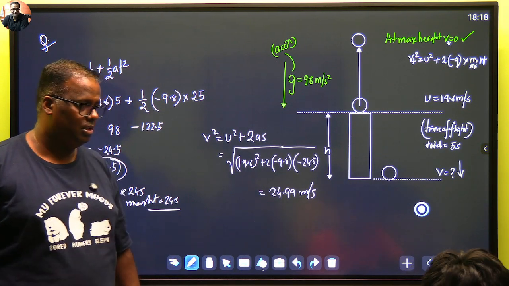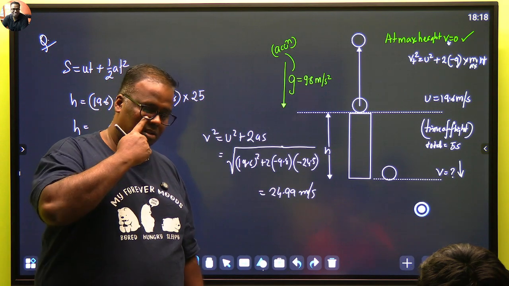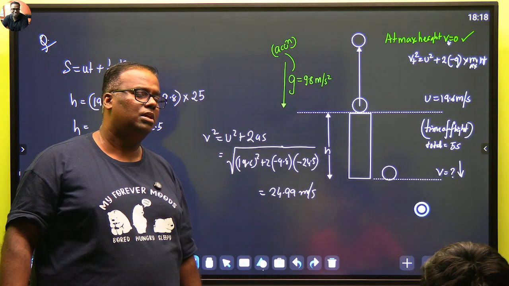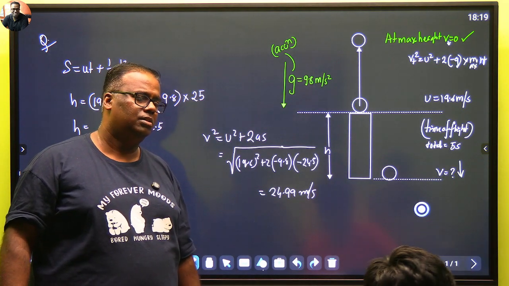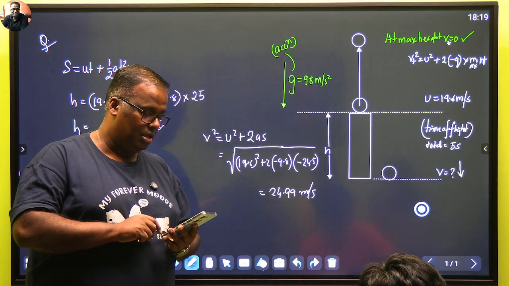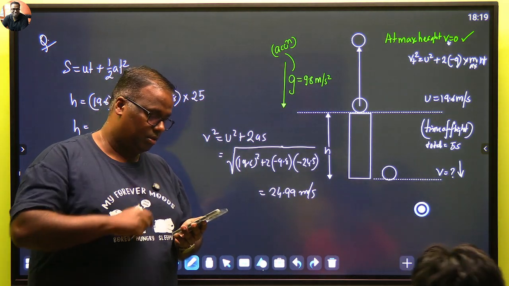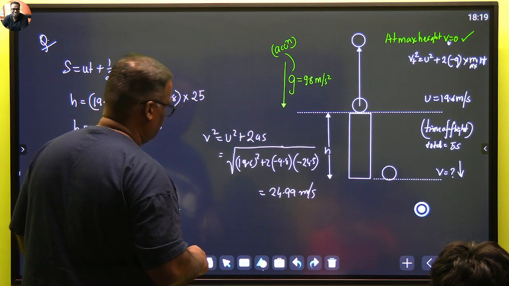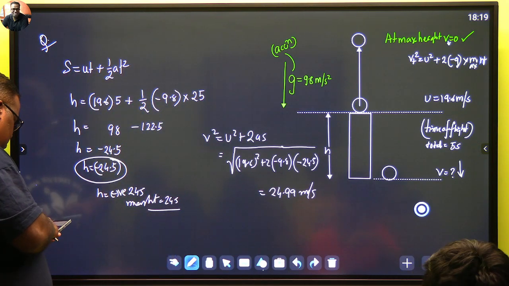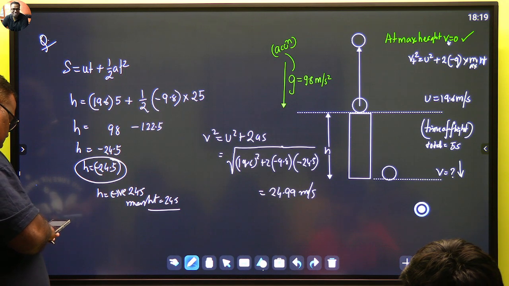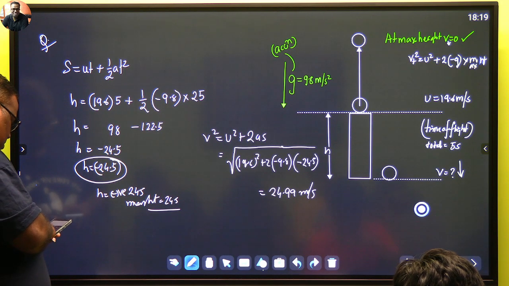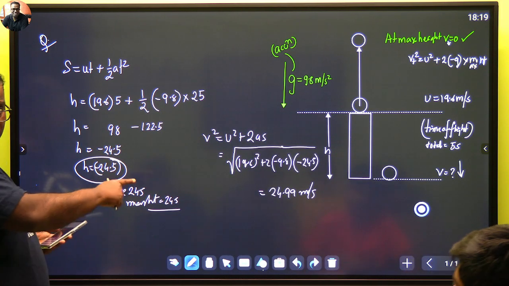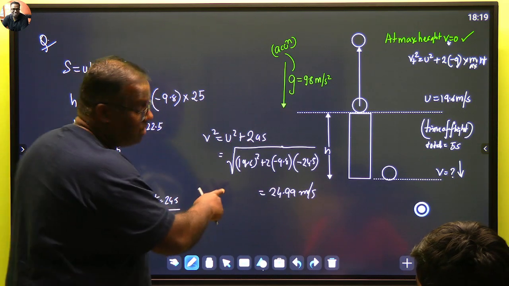No, check again, it is a root. So like in the first formula, v is equal to u plus at, that will also work. No sir, 68 points. Yes, something went wrong. One minute. This one, no, I'm saying this calculation.